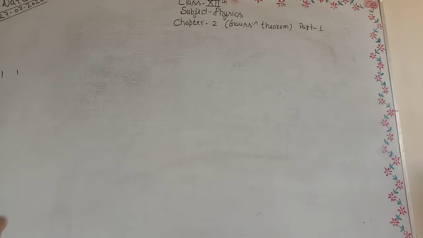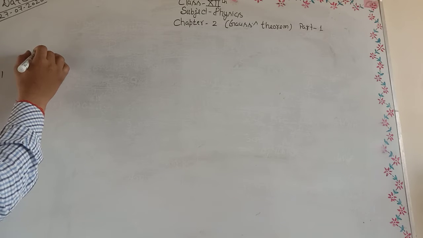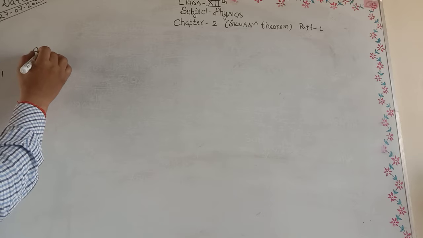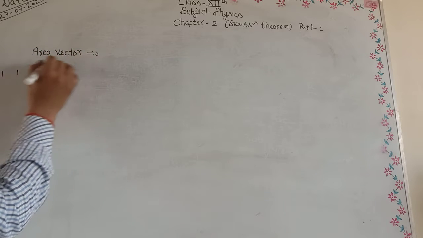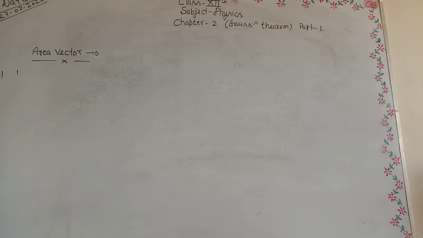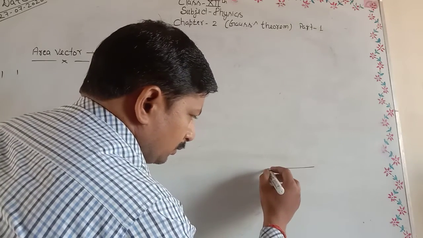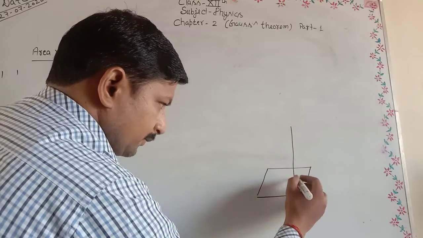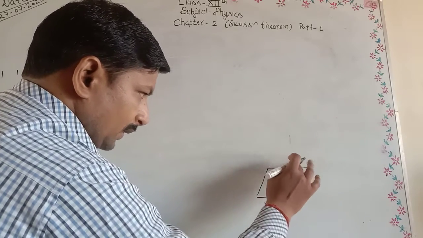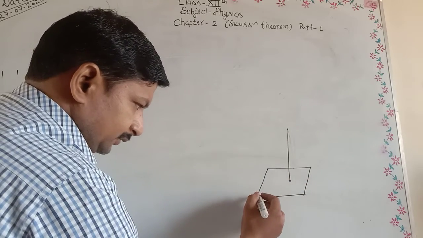First of all, area vector. Dear students, what is the area vector? The area vector represents the normal outward to the surface.